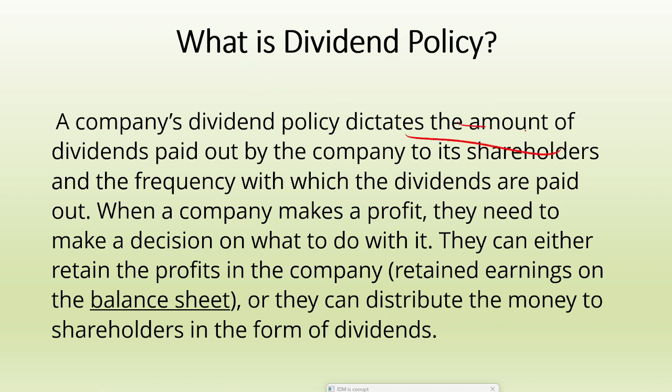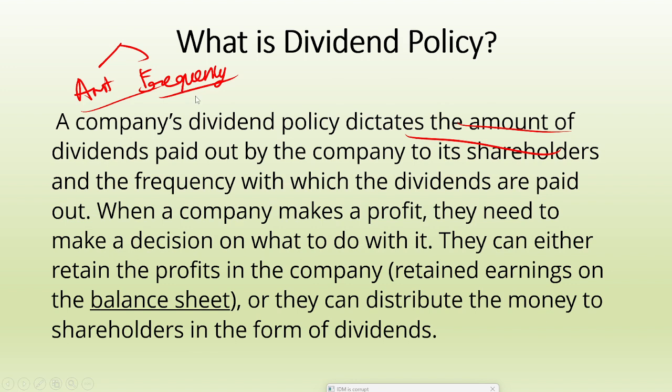Amount of dividends means here you are deciding the amount to be paid by the company to the shareholders, and the frequency with which the dividends are paid. Here two things will be decided. One is the amount and another is the frequency, means whether you want to give on an annual basis, six-monthly or quarterly basis, whatever frequency you want to keep. When a company makes a profit, it needs to make a decision.